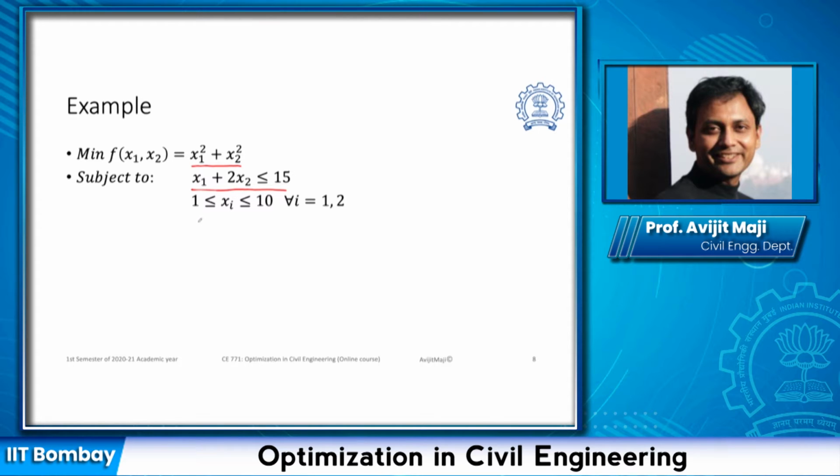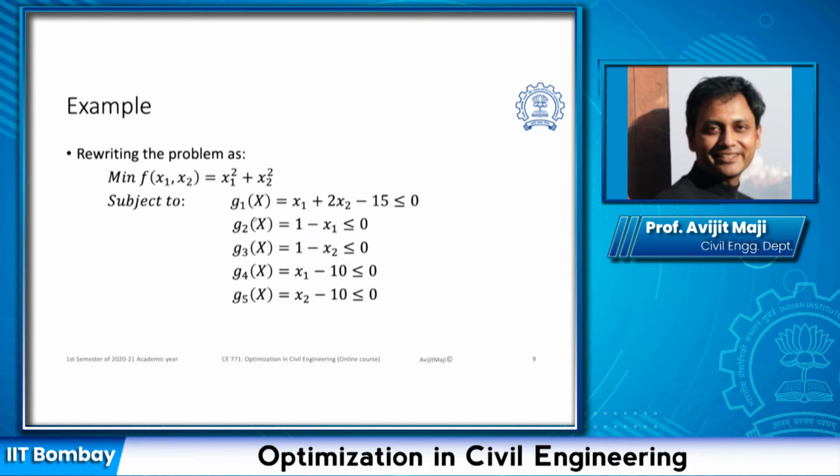Now this inequality constraint, if you want to represent it with the transformation, we can easily write the equations. Here is our objective function and here are our constraints. So the first constraint which we said is here.